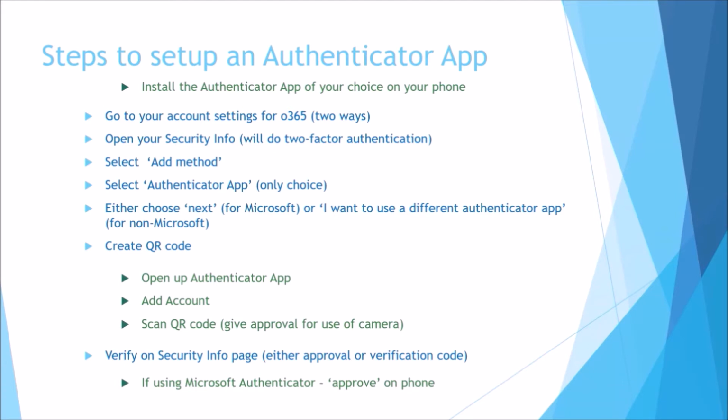However, if you're using a different third-party authenticator like Google Authenticator, you'll have to click Next and then enter in the 6-digit verification code. This will verify that the app that you're using is the app that you want to set up here, and you will be done. You can then select any of the Authenticator apps you have set up as your default method, or you can also use them as a fallback.